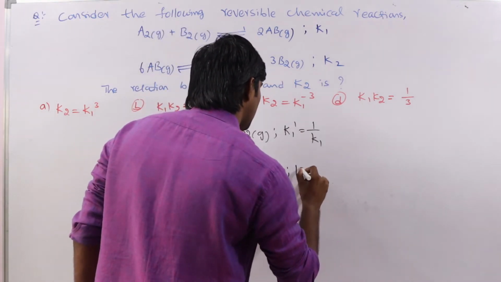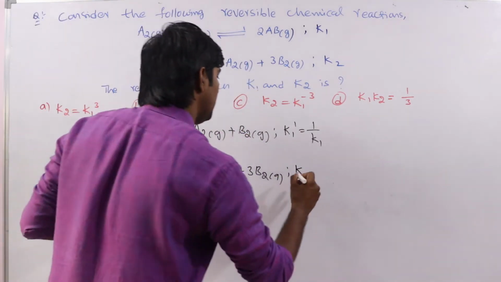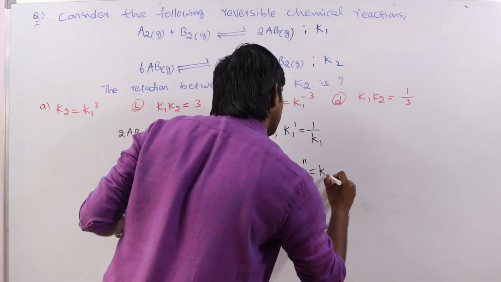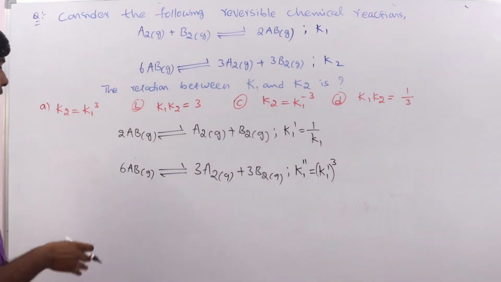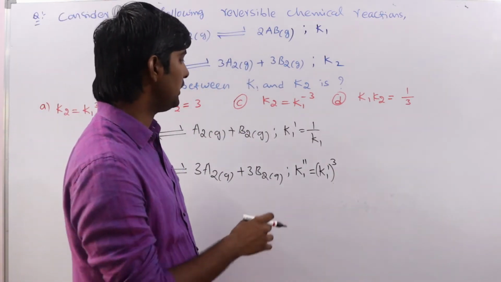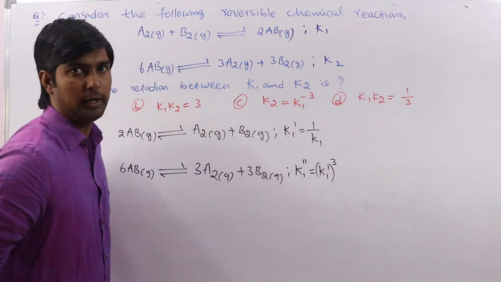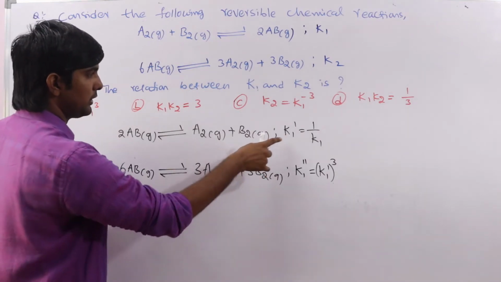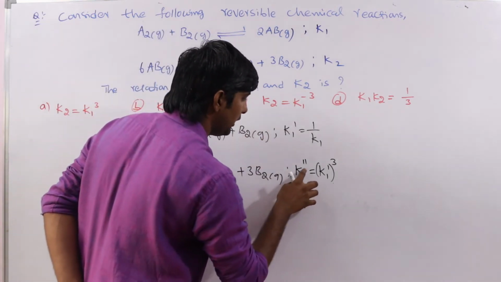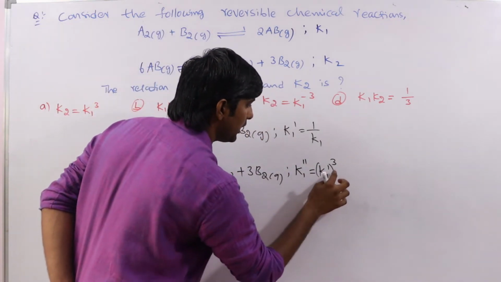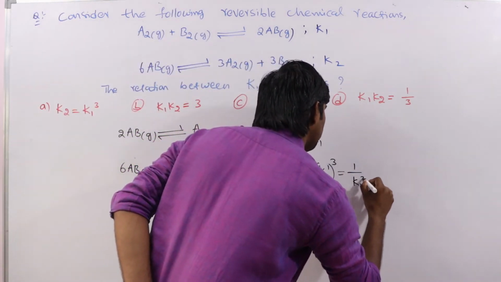Since we multiplied this equation by 3, K1 double dash is K1 dash whole power 3. If a reaction is multiplied by some number, the new equilibrium constant is the old equilibrium constant raised to that number. K1 dash is the old constant, and this reaction is multiplied by 3, so K1 double dash is the old constant to the power 3, that is 1 by K1 power 3.